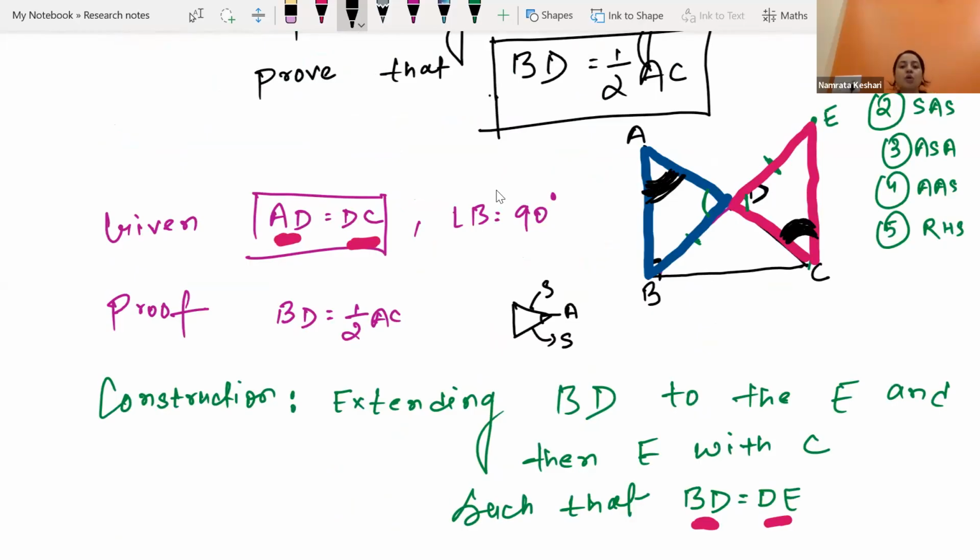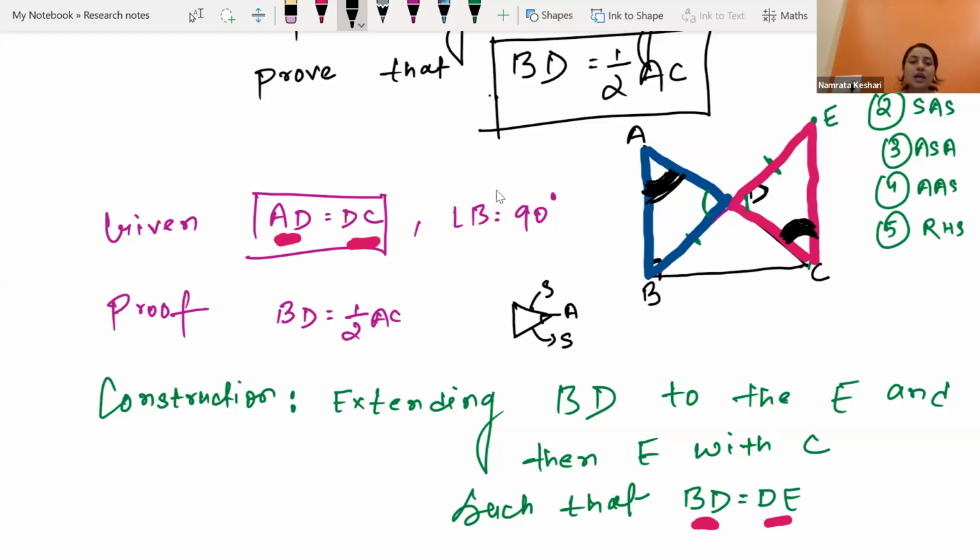So on the basis of these two angles, can we say that AB must be parallel to CE? Because these two look like alternate interior angles. Can we say yes or no? Yes, ma'am, yes, we can say that.